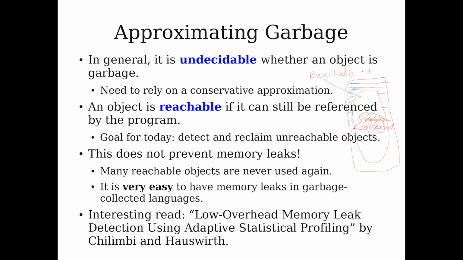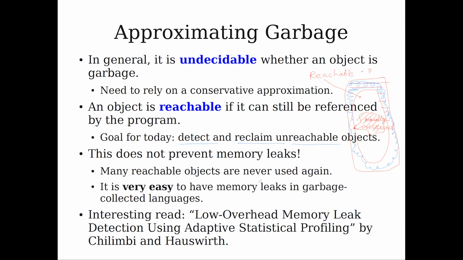Things which are not reachable, they consider garbage, and everything reachable is considered useful. So this is the approximation. The major task of the garbage collector is to detect and reclaim unreachable objects.